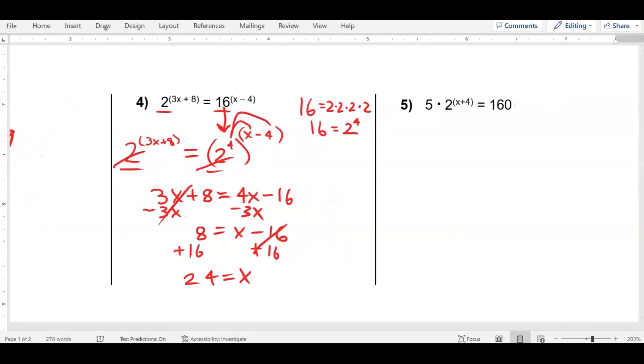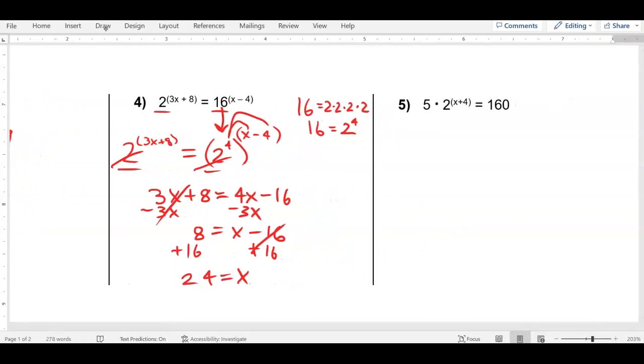So number 5. On number 5, I don't want to have these two numbers here, so I want to get rid of this 5 out front. So I can divide by 5. So 2 to the x plus 4 equals 32. 160 divided by 5 is 32.